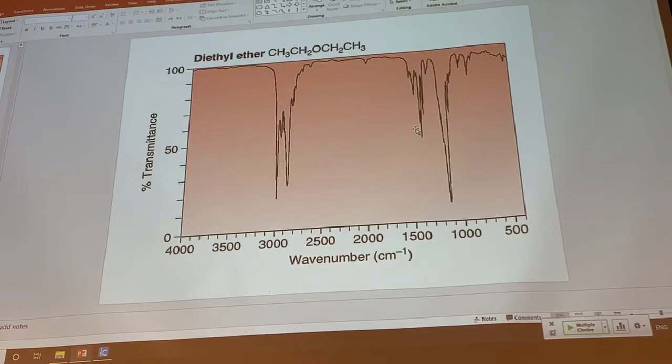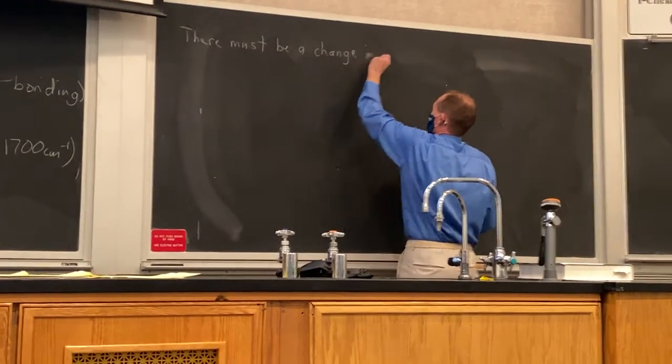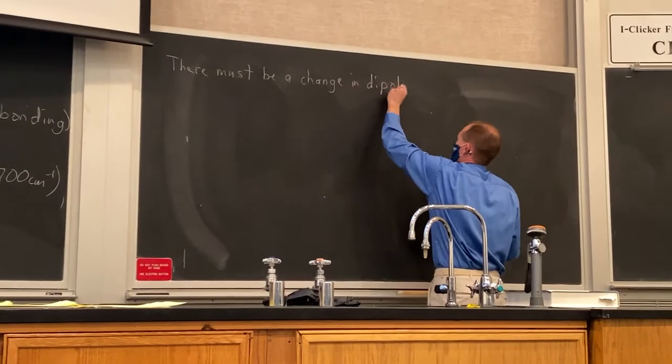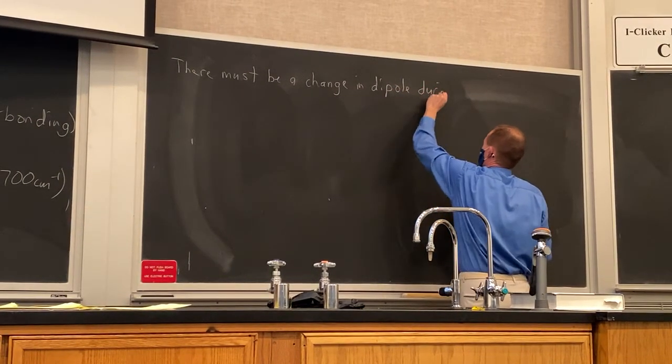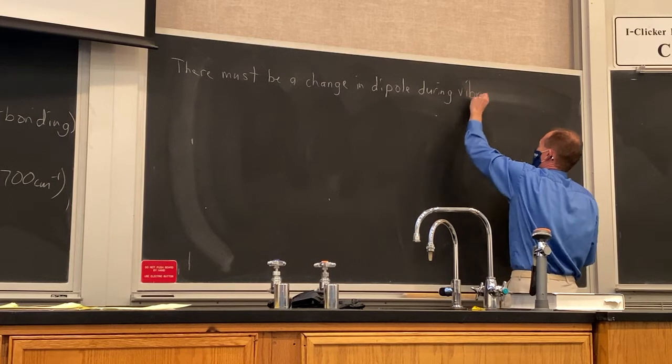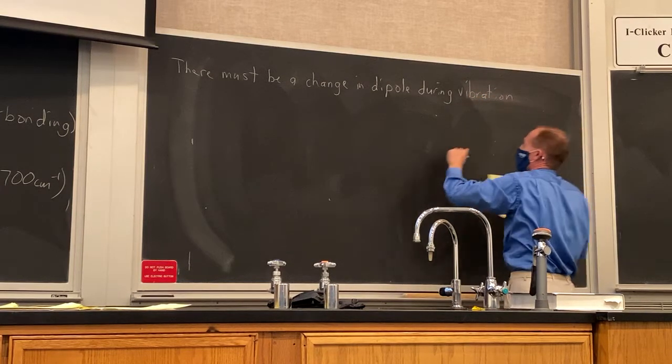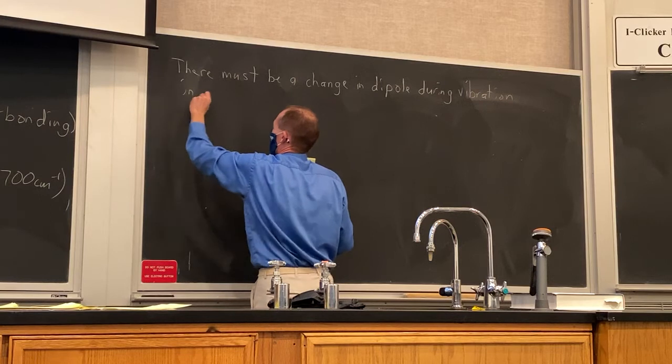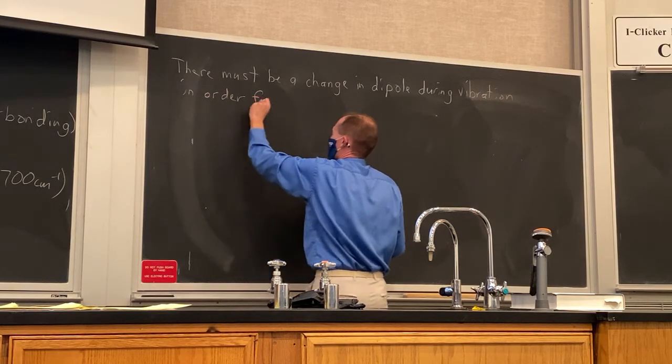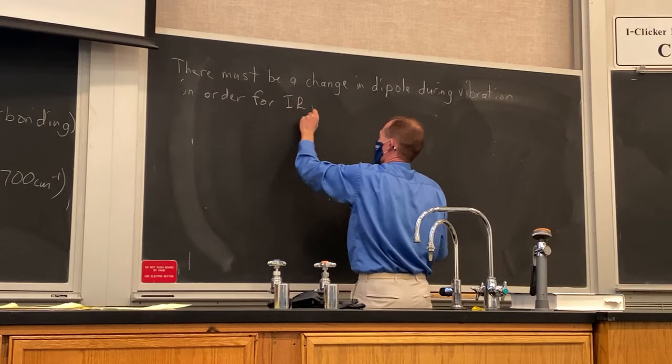In order for a peak to appear in an IR spectrum, there must be a change in dipole during the vibration of the bond in order for infrared radiation to be absorbed.